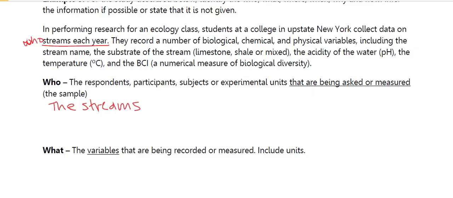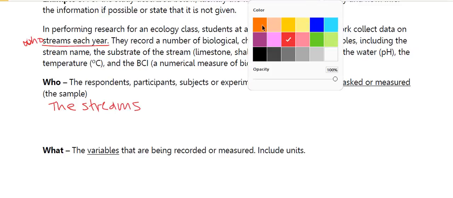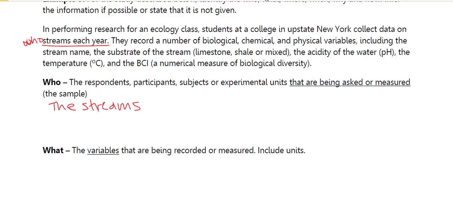So here in our example, it says they record a number of biological, chemical, and physical variables, including the stream name, substrate of the stream, the acidity of the water, the temperature, and the BCI. So those are all our variables, 1, 2, 3, 4, 5. Okay, so let's list those.